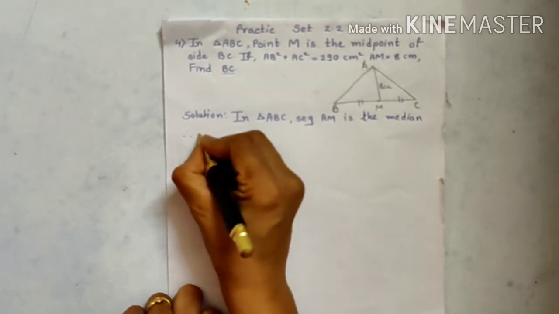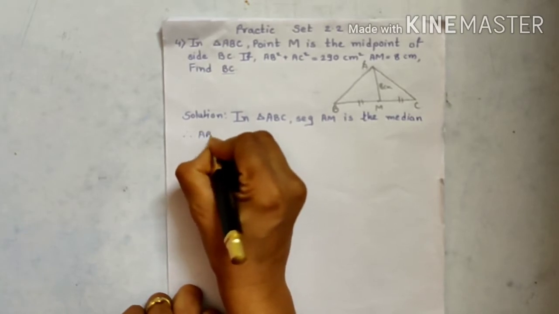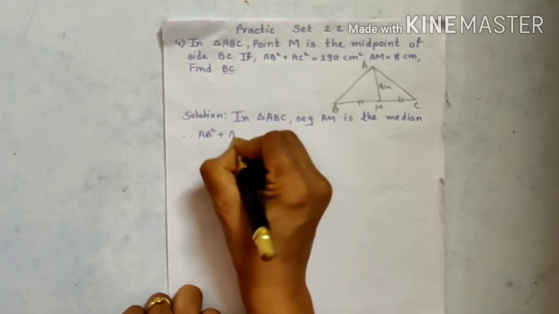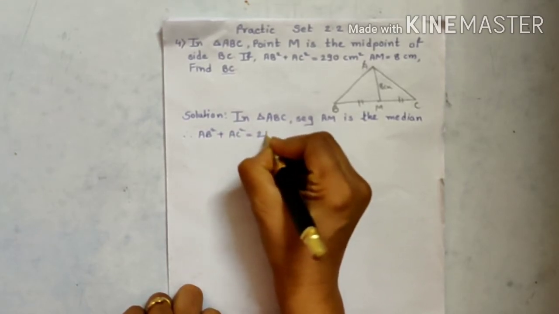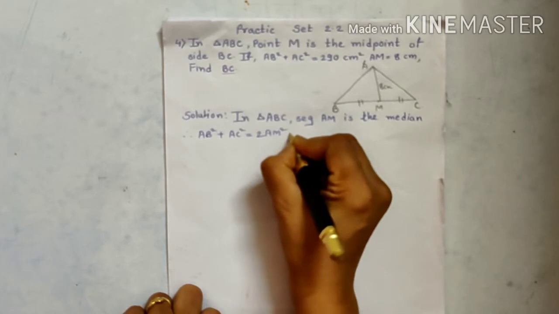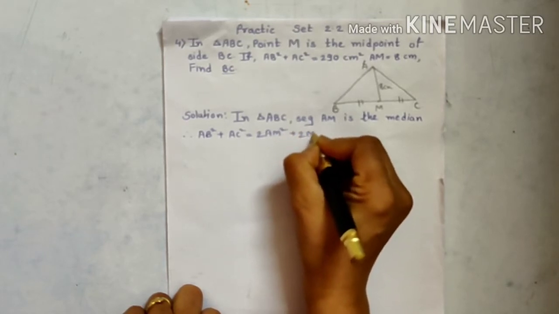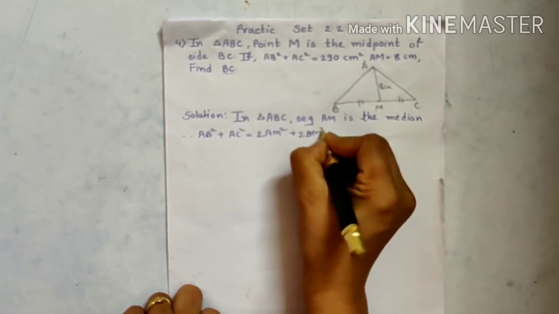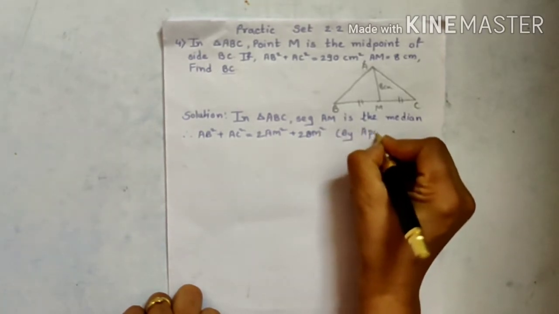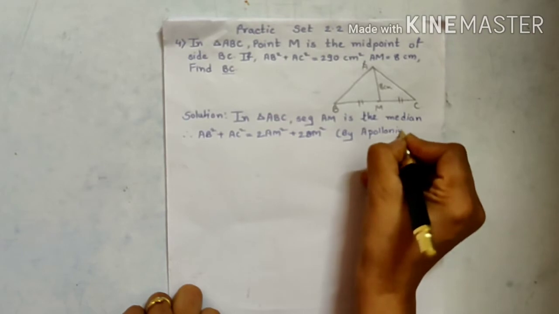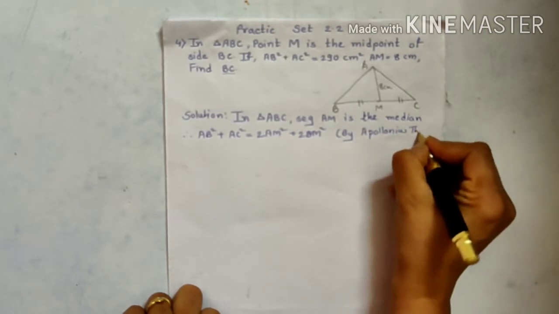Therefore, AB square plus AC square is equal to 2AM square plus 2BM square. This is by Apollonius theorem.